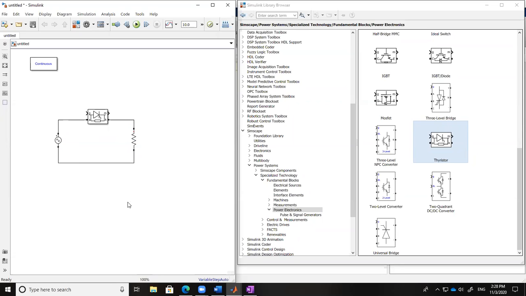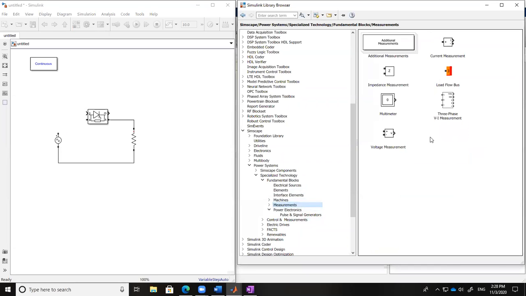We will also have one current measurement, right? So I will go to measurement and bring the current measurement block and voltage measurement block. There are two blocks.